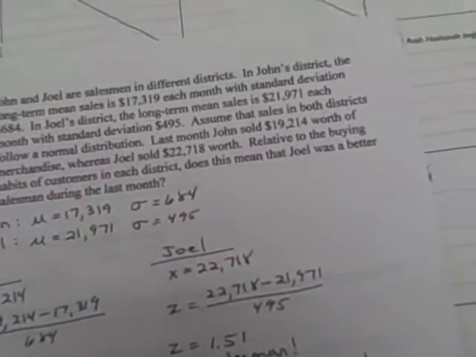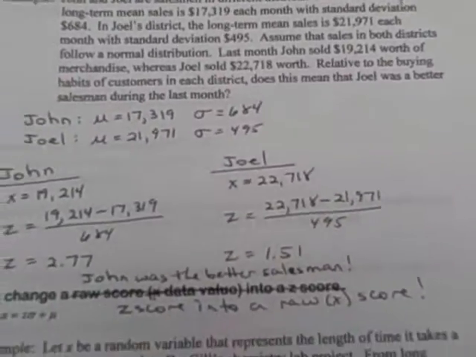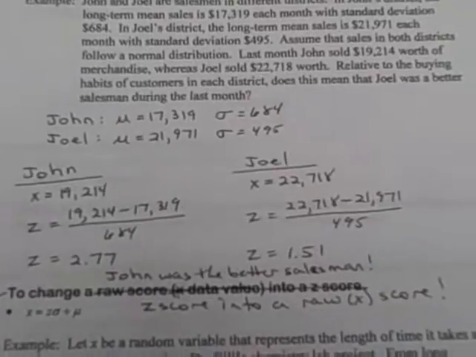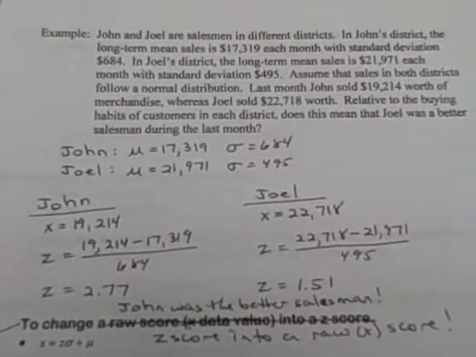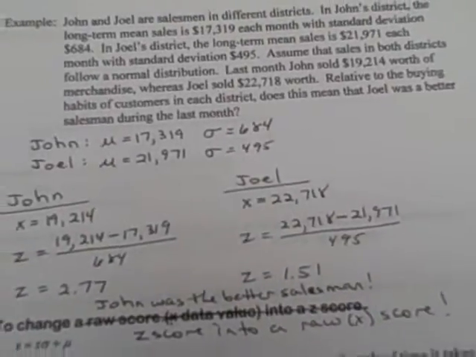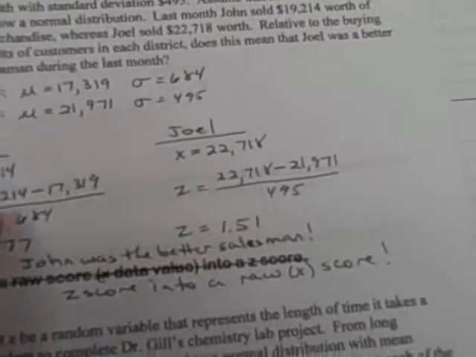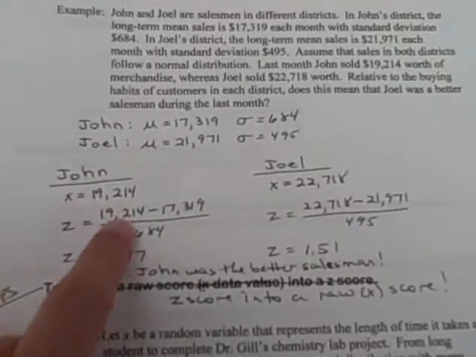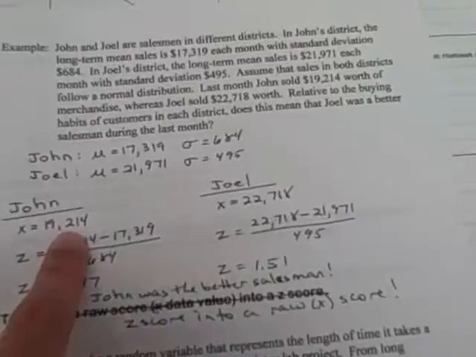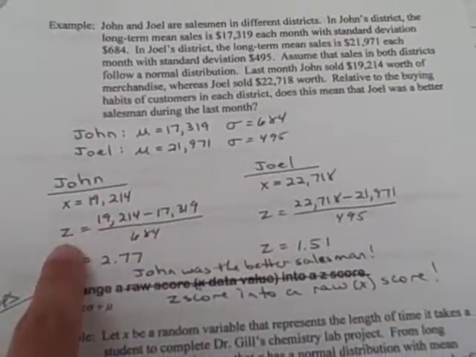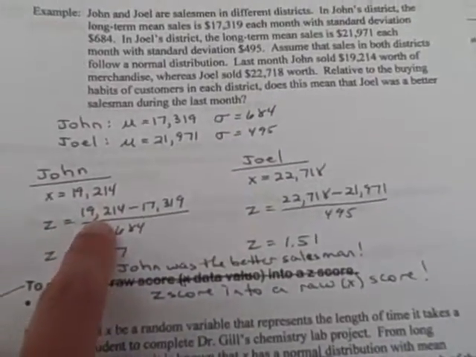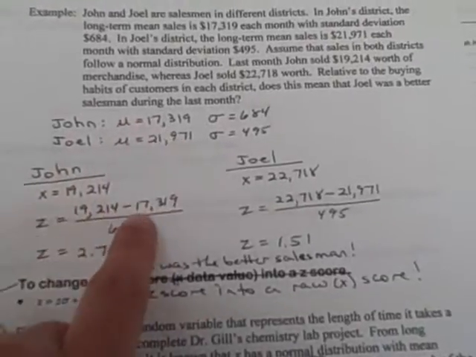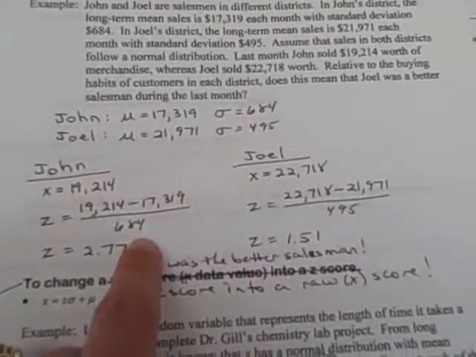Well, we need to figure that out. So we need to figure out which of these, John or Joel, is further away from the mean, which makes it more unusual, okay? So for John, we're going to take x as that 19,214, and we're going to change it into a z. So his x minus John's mu divided by John's sigma.